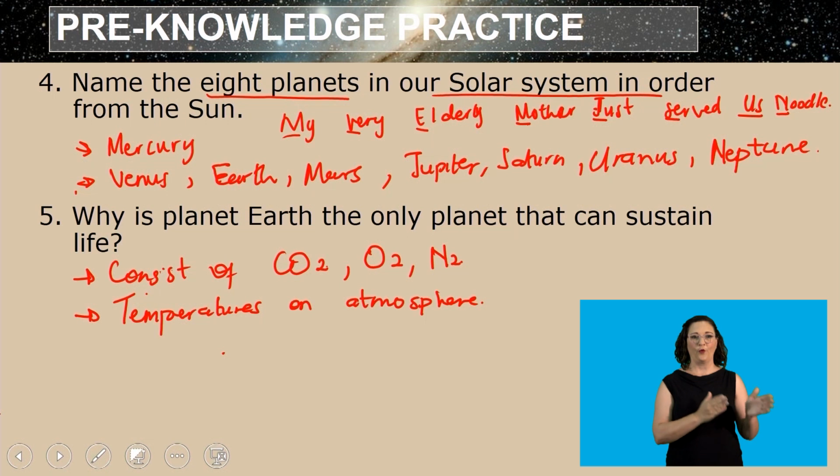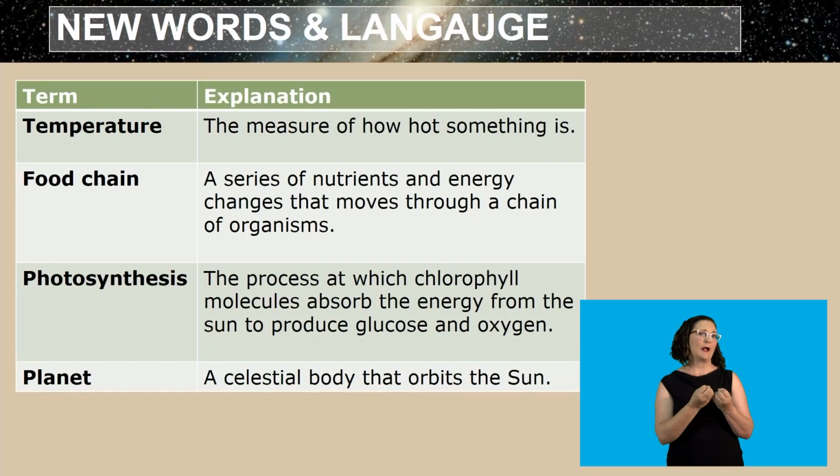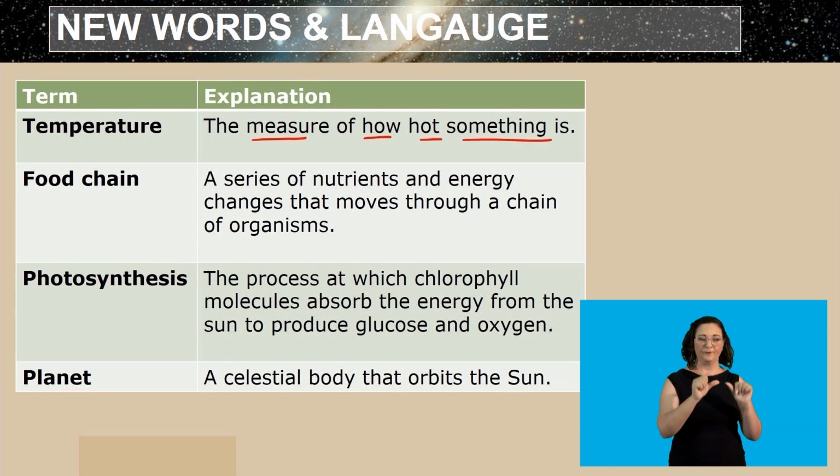All right, guys, I'm going to move on to explaining the new concepts, in order for us to understand our concept better. Understand the new terminology in order for us to understand the concept. The first term is temperature, which is the measure of how hot something is.